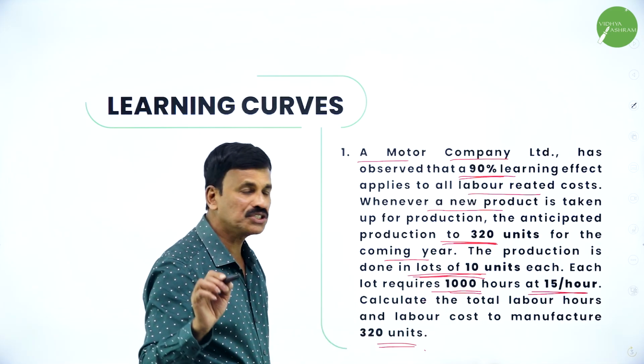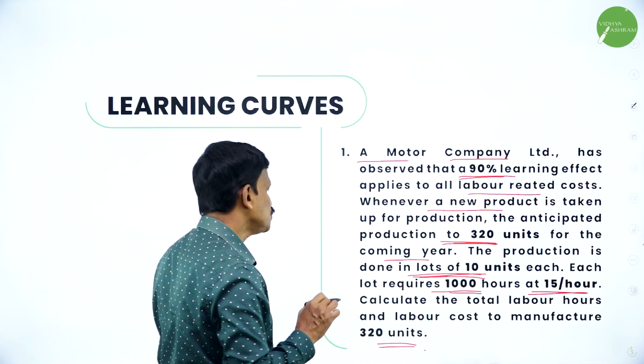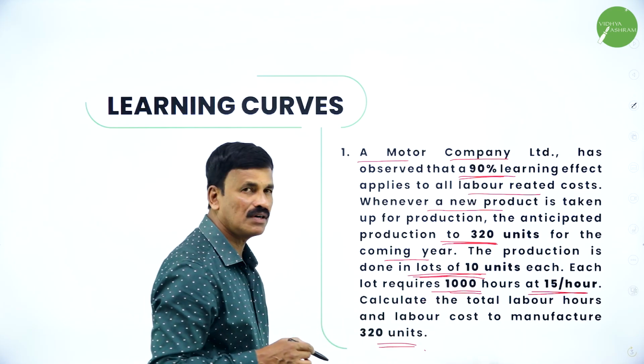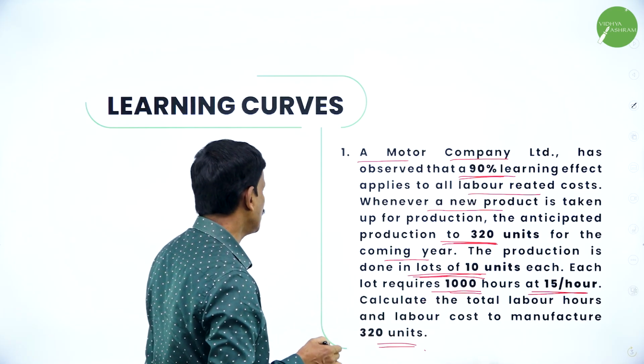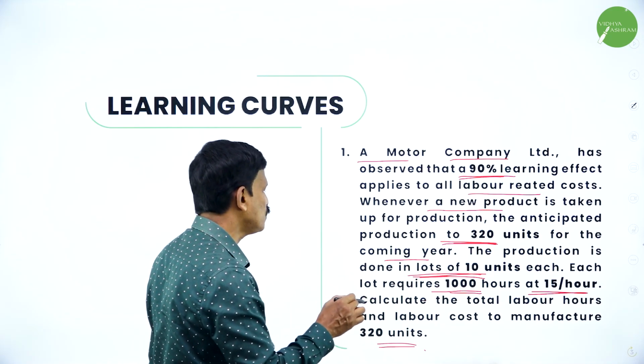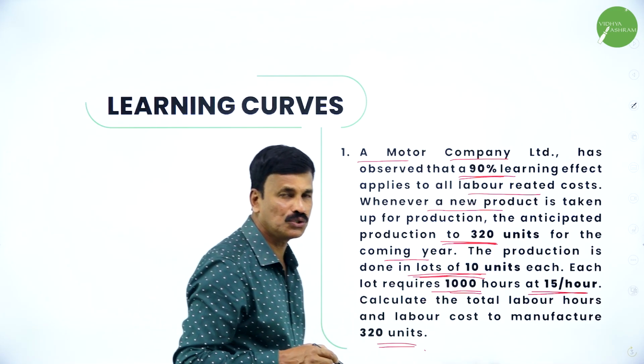The production is done in lots of 10 units each. Each lot requires 1000 hours at 15 per hour. Calculate the total labor hours and labor cost to manufacture 320 units.